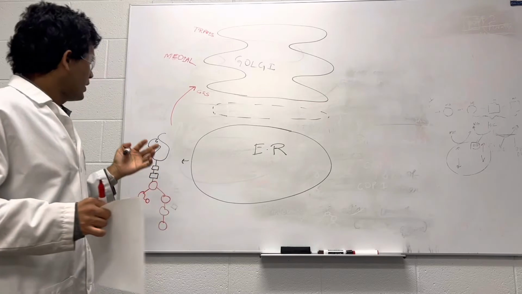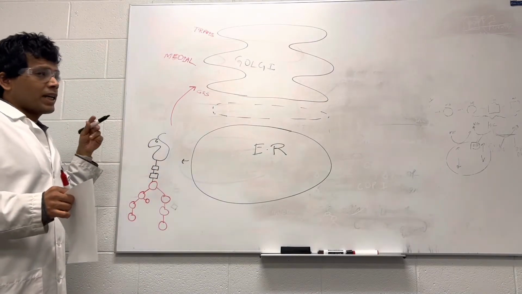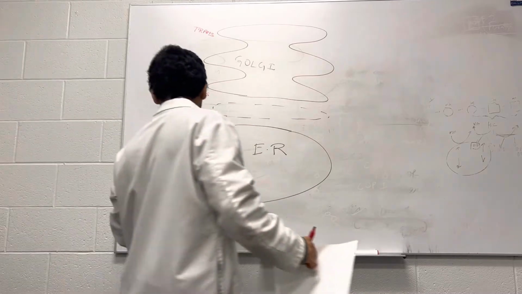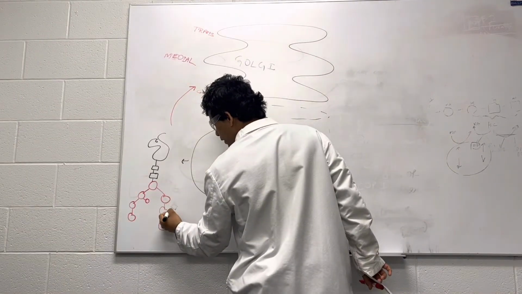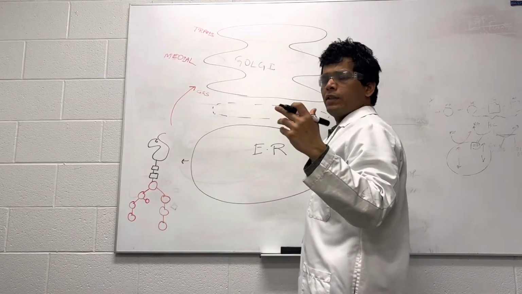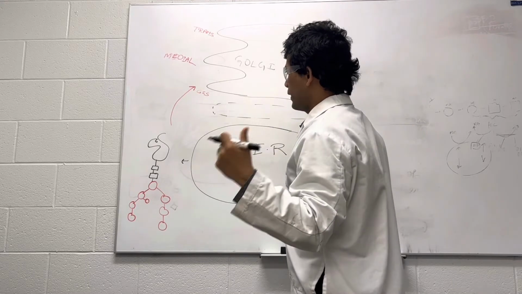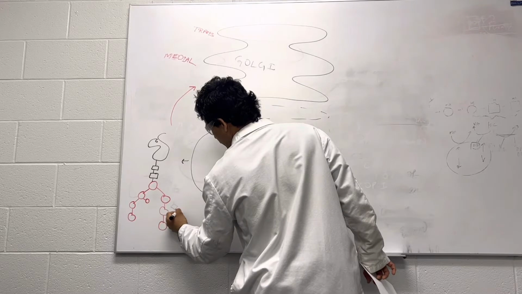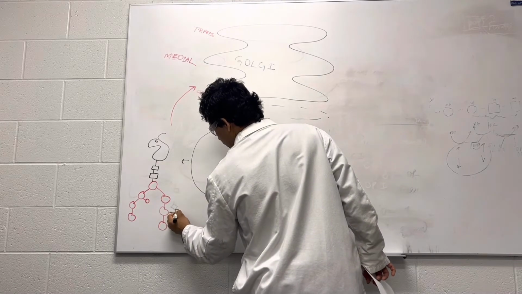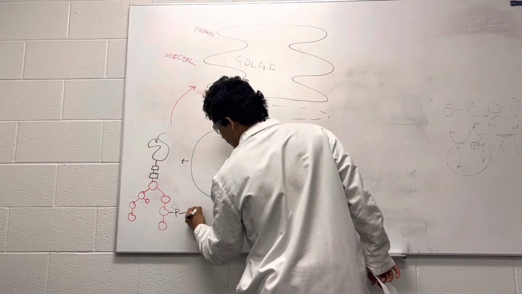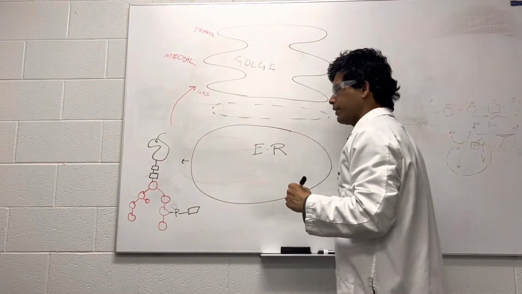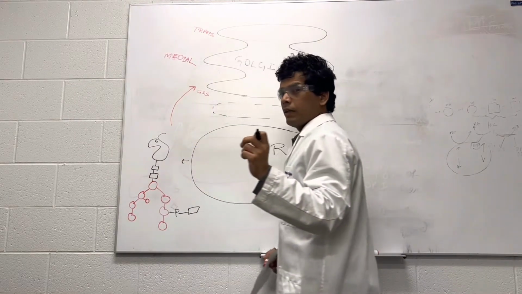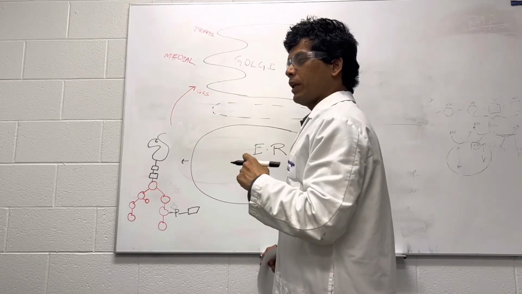So what happens is the proteins that are destined for the lysosome will get attached by phosphorylated N-acetyl glucosamine. I am denoting phosphorylated like this. This phosphorylation is done at a specific location of mannose.